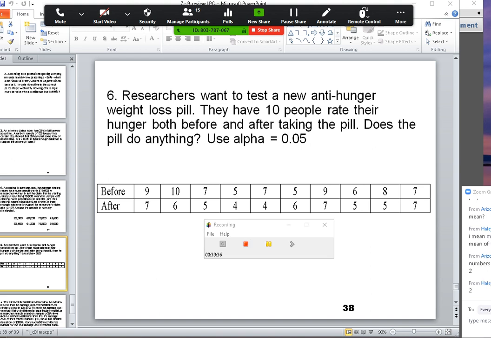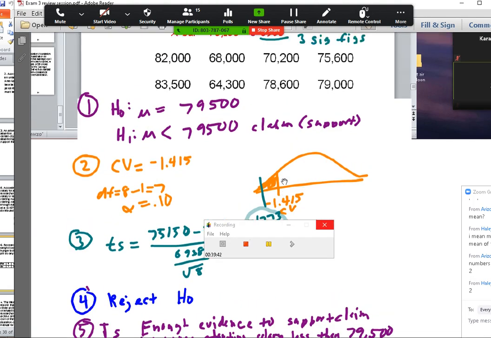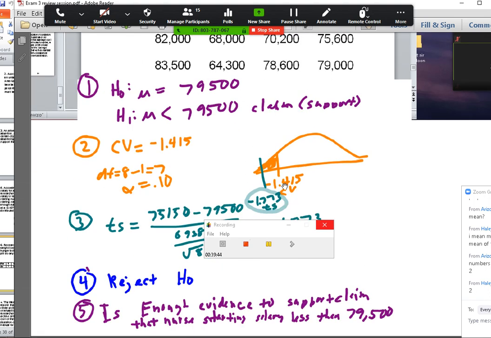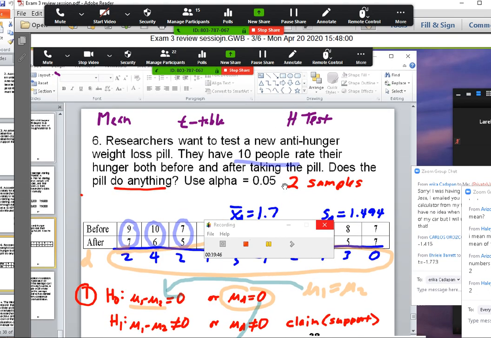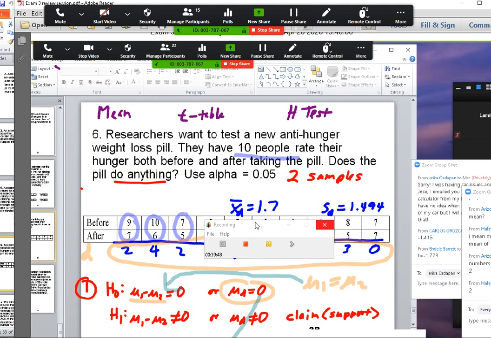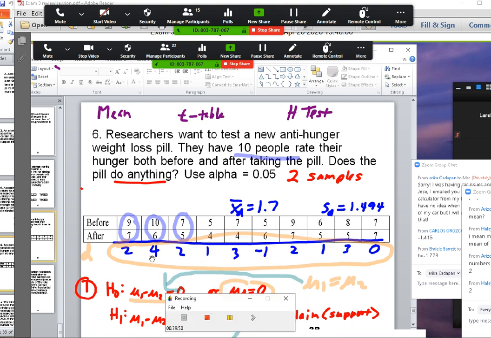So this is the one where you subtract them all, and then you run just a 1-sample t-test on their differences. These are all the little d's, the individual differences between them.